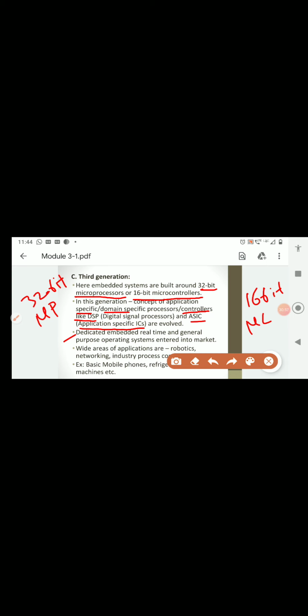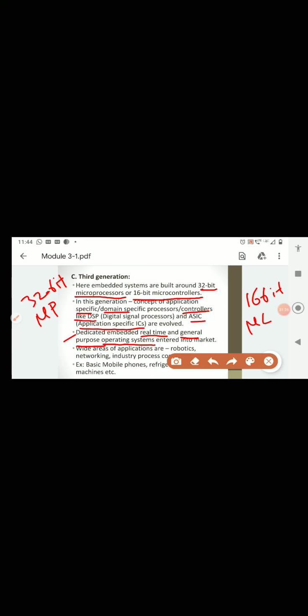But in the third generation, all these embedded systems are working on embedded operating systems. That's why dedicated real-time and general purpose operating systems entered the market during the evolution of these third generation embedded systems.